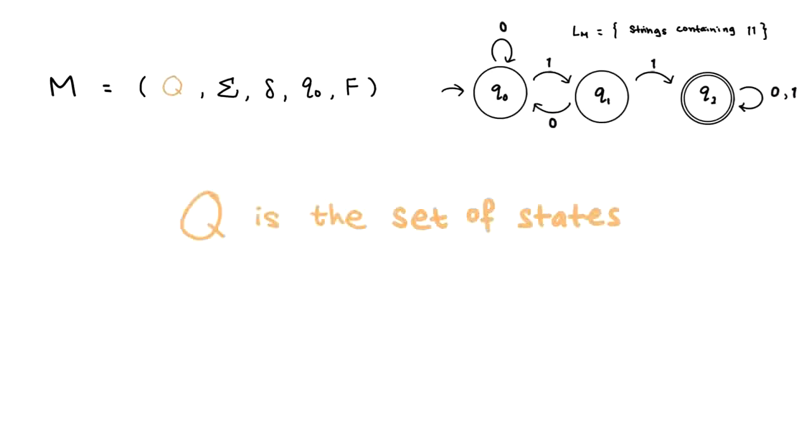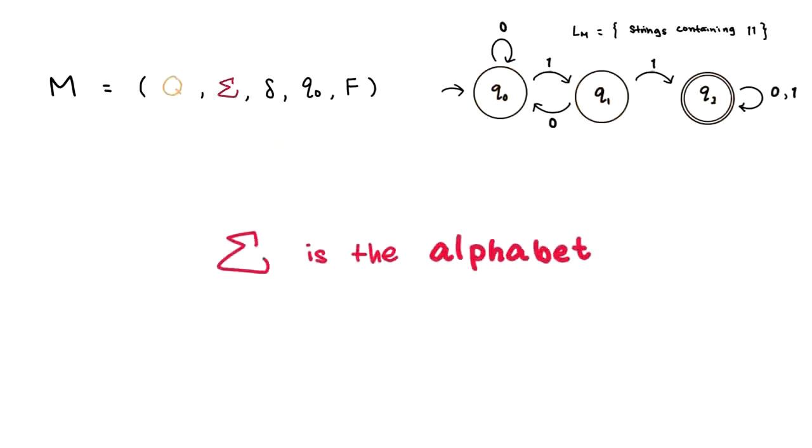Q is a finite set of the machine states, and for our machine M, that would be the set containing Q0, Q1, and Q2. Sigma is a finite set called the alphabet, which are the kinds of symbols that are recognized by the machine. So in this case, it is the set containing 1 and 0.